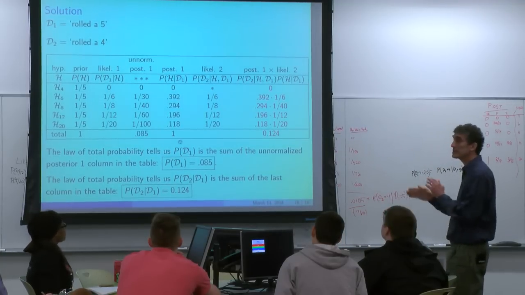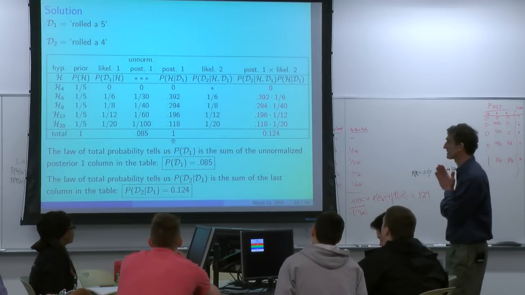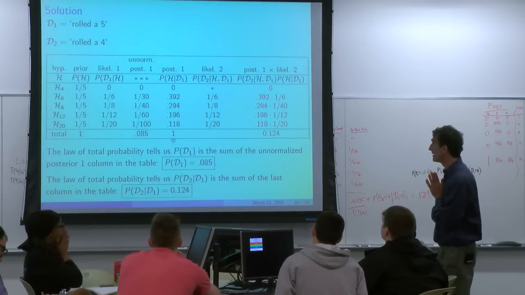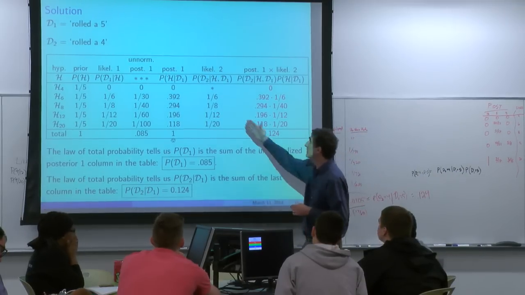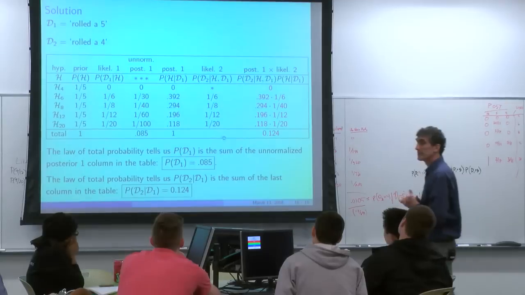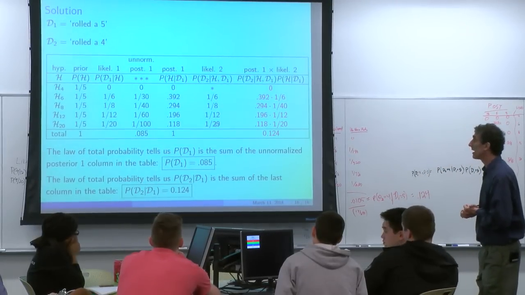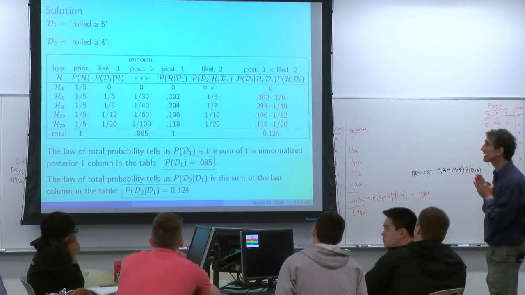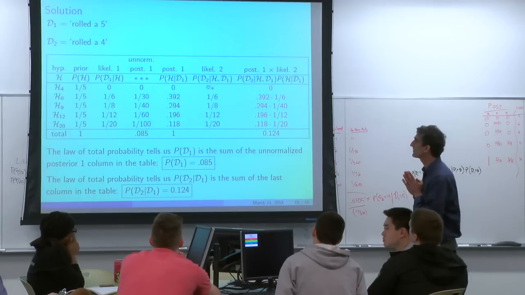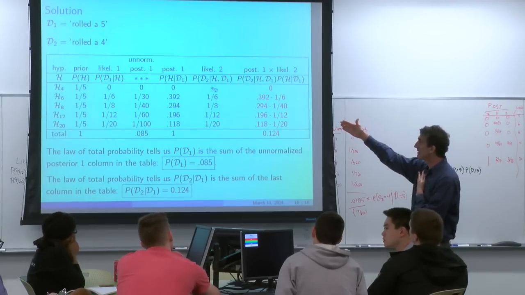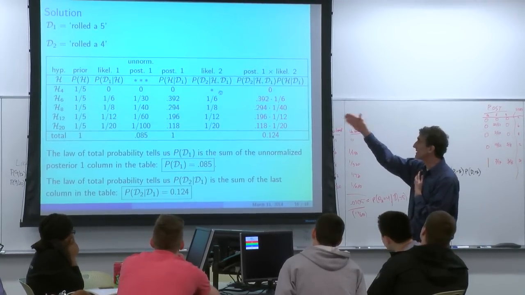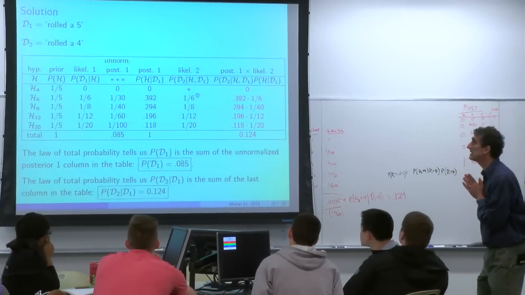There are different orders you could do this calculation. I think this is one of the straightforward ones. Then we look at the likelihood of D2 in the next column. Now I put a star for H4 because there's no way you could get a probability there if you have D1 and D2.